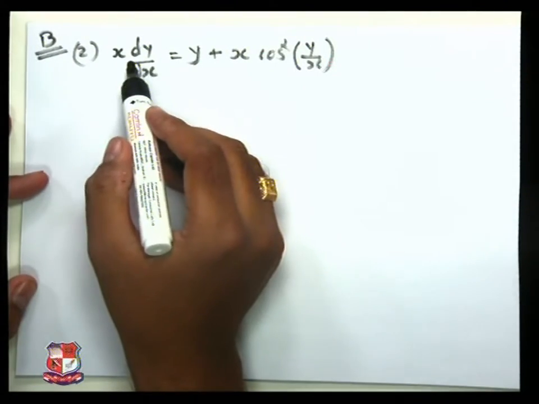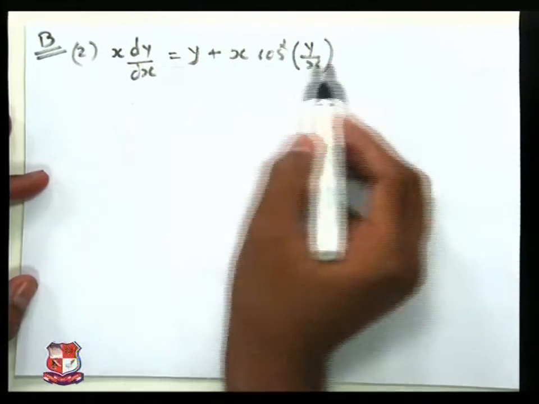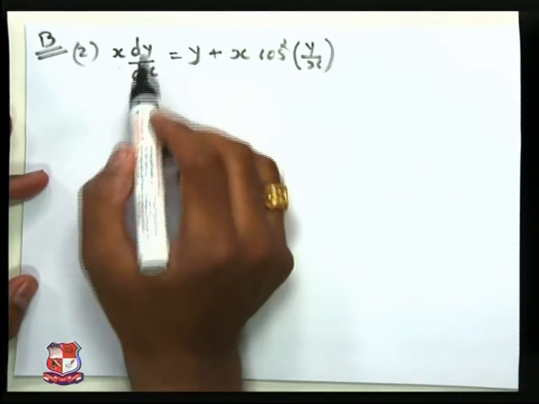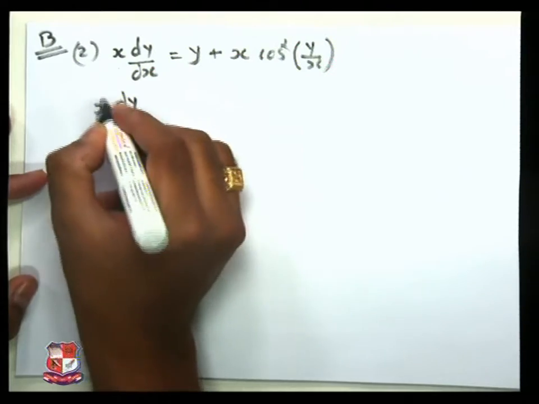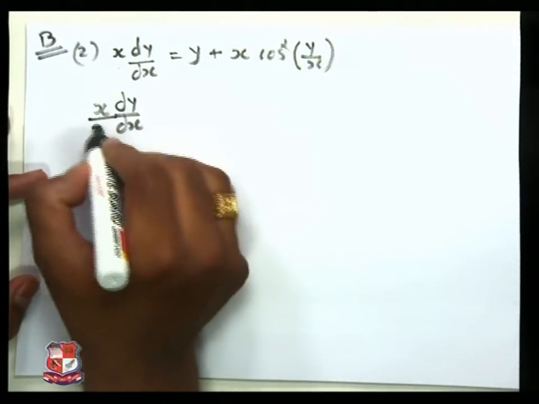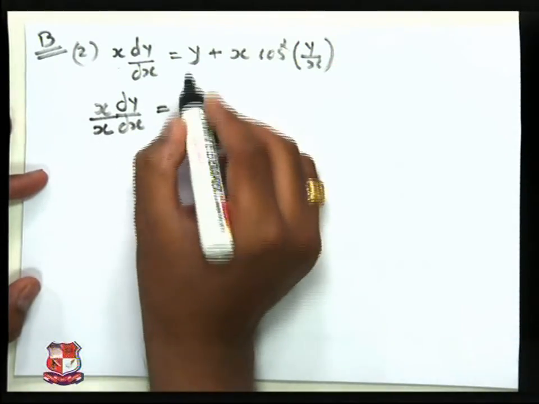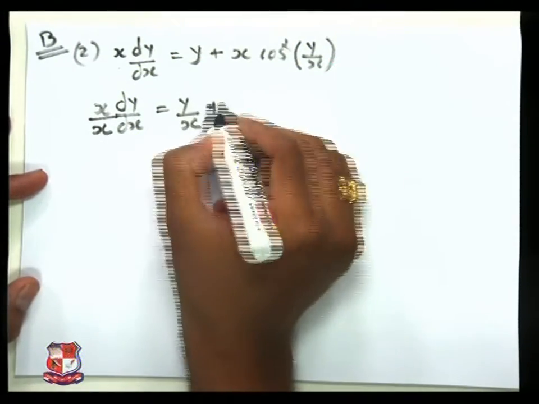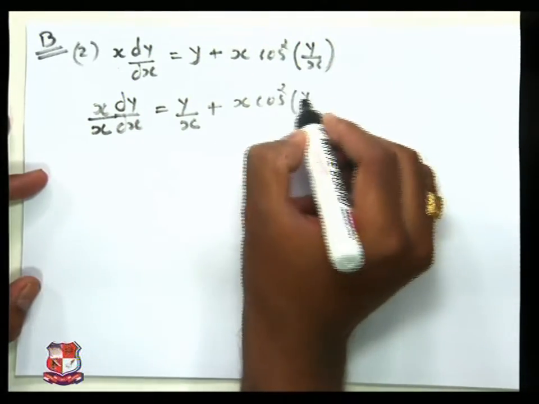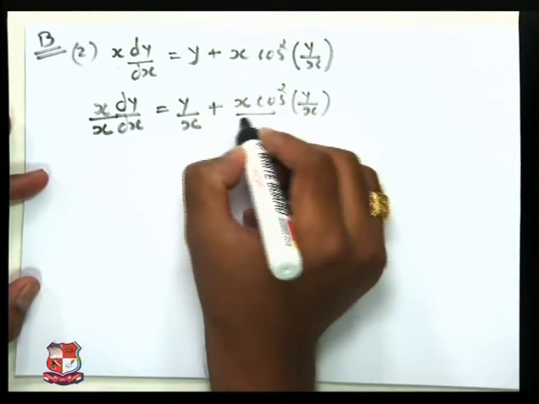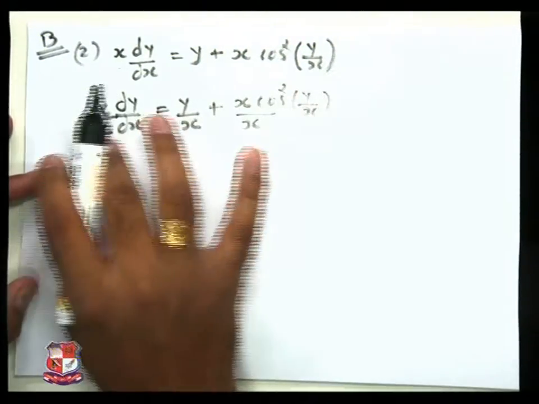So we solve our equation here, x dy by dx. If we divide the whole equation by x, our above equation becomes dy by dx, and every term we want to divide by x. So x dy by dx divided by x is equal to y divided by x plus x cos square y by x divided by x.